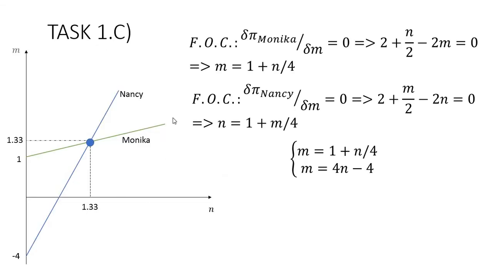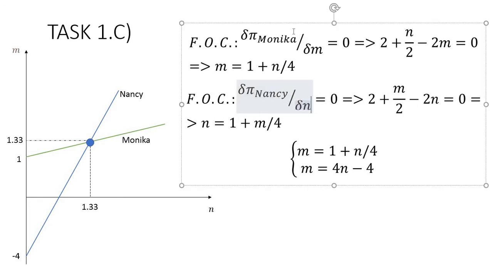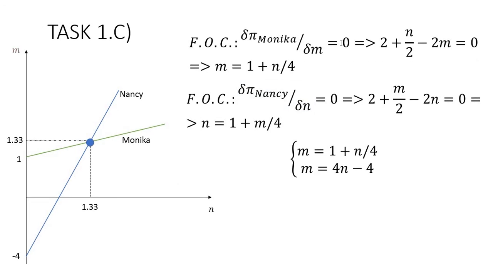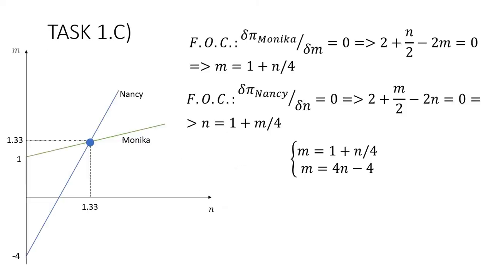And here is the solution. In case of Monica, we have to find the partial derivative of her payoff function with respect to m, treating n as given, because m is the variable under Monica's control, and equalize it to 0. So this is what we are going to get. Again, you just calculate the partial derivative of this function with respect to m and equalize it to 0.